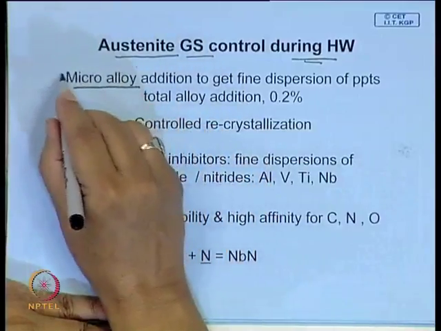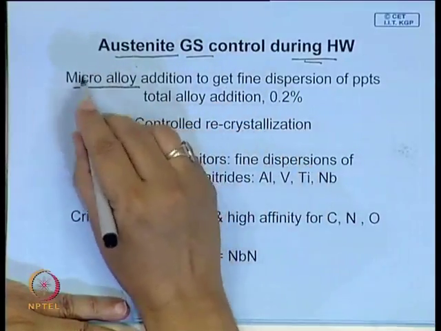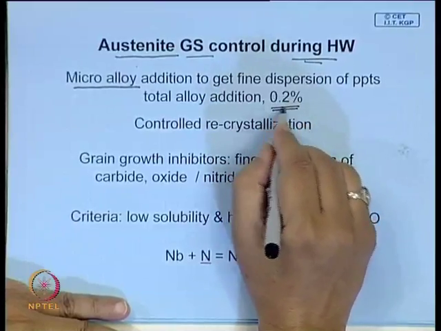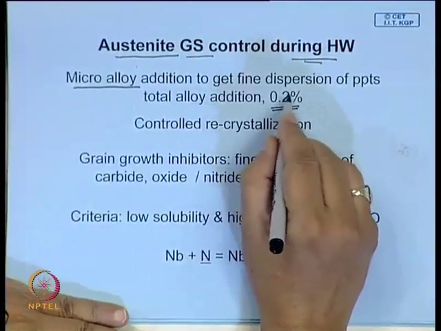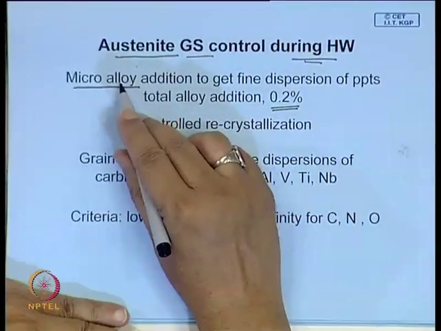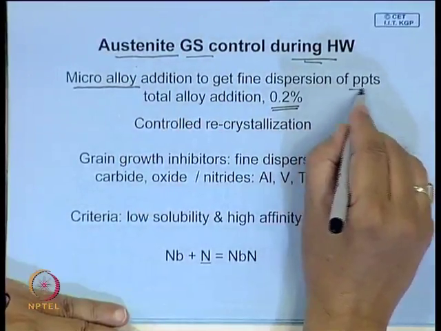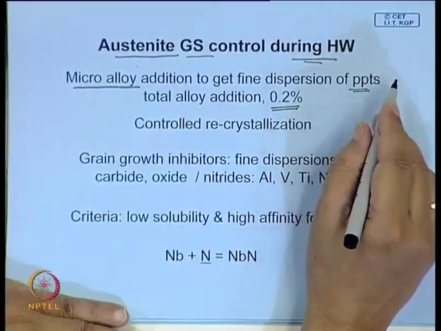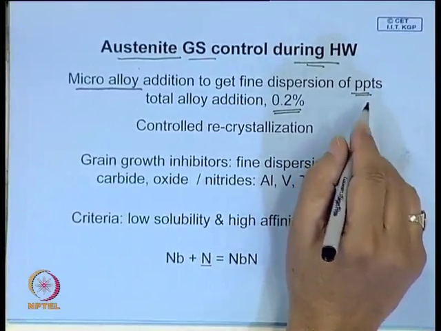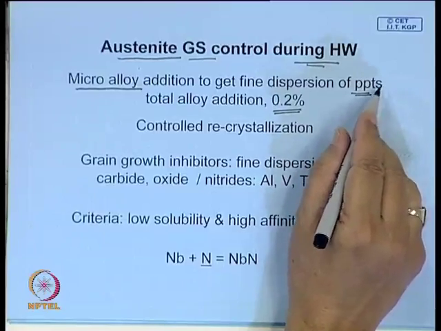And these alloy additions are called microalloy additions. They are called microalloy because total alloy additions may not exceed 0.2%. And these microalloy additions form precipitates, particularly nitrides, carbides, oxides, and they block the movement of austenite grain boundaries.